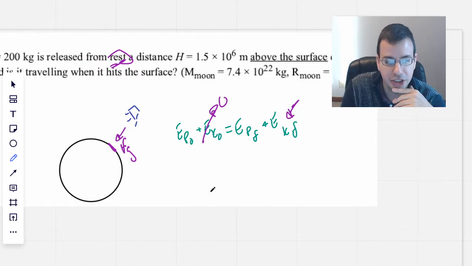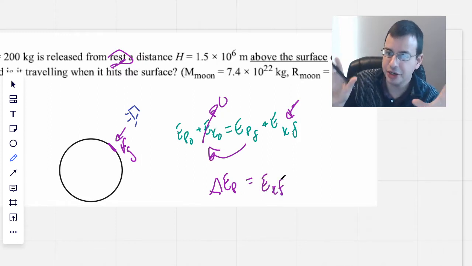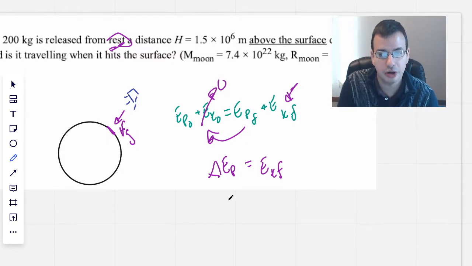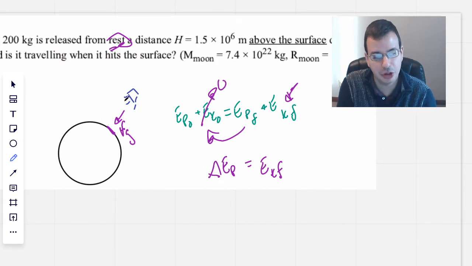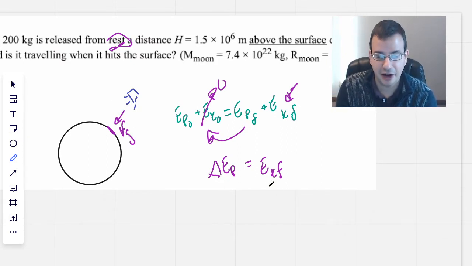So I'm going to rearrange this as change in energy potential, moving this one over there, will equal energy kinetic final. Now I'm trying to think of this from an intuitive point of view. We have some work done by a force, this is gravity, and that gives us a final kinetic energy.